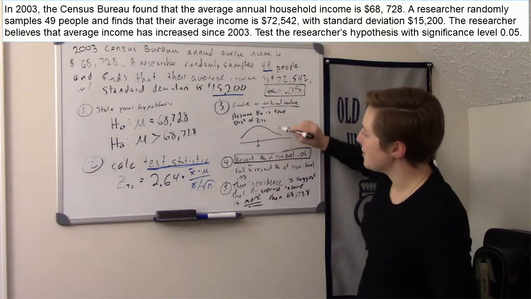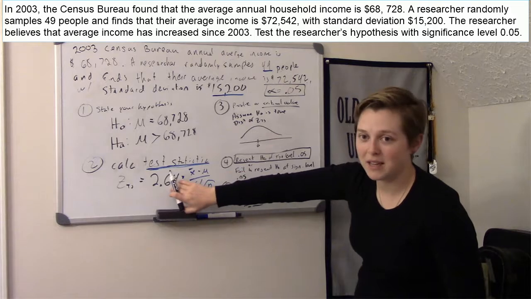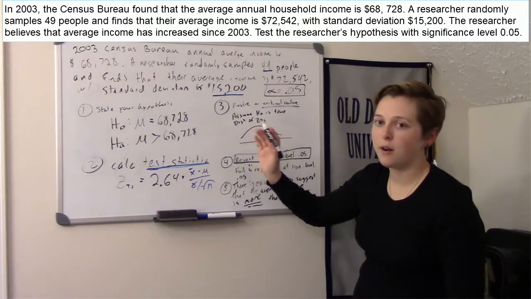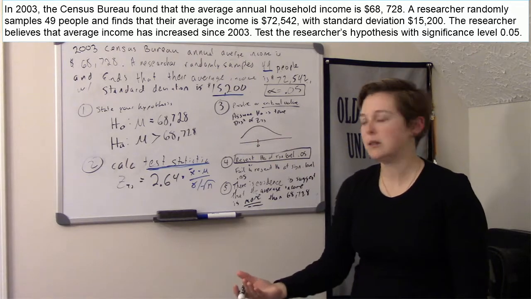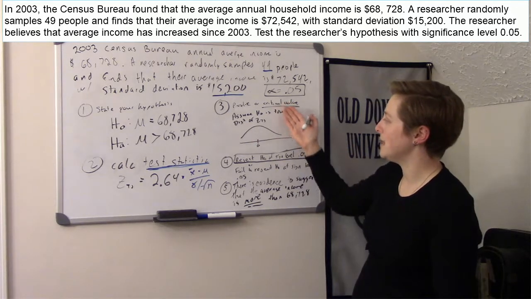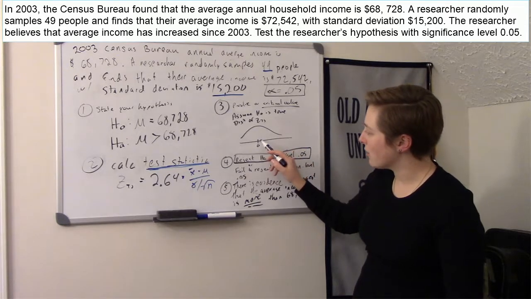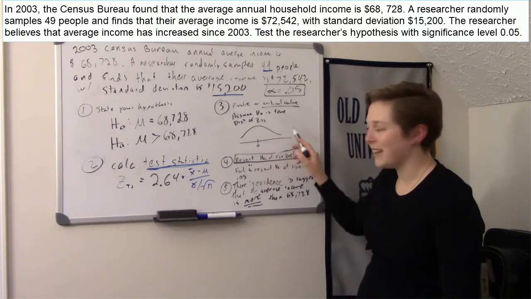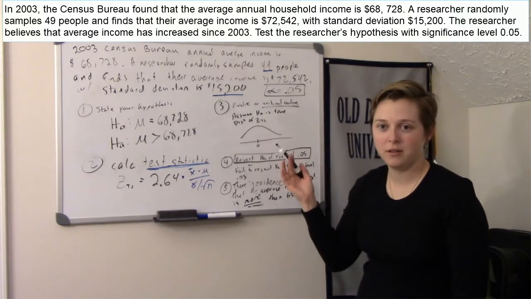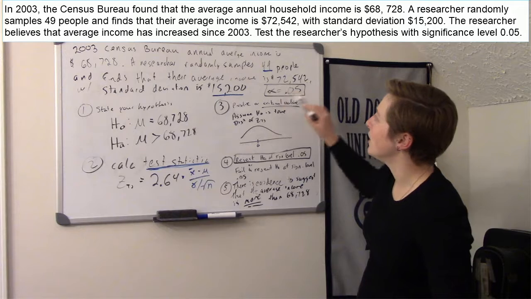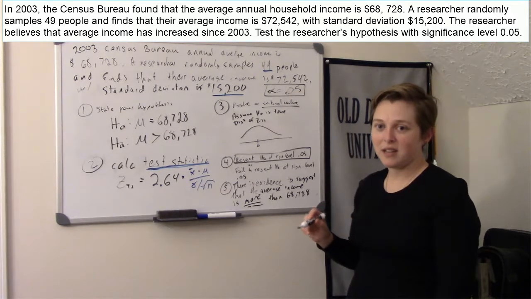But instead of marking where our observed test statistic was, we're going to mark where there are rejection regions, where there is a critical turning point. These values are likely, these values are unlikely. Where does it turn from likely to unlikely? And that is entirely based off of our significance level.